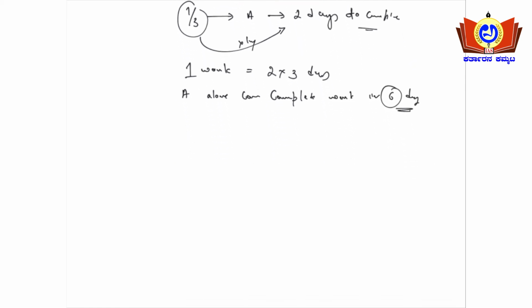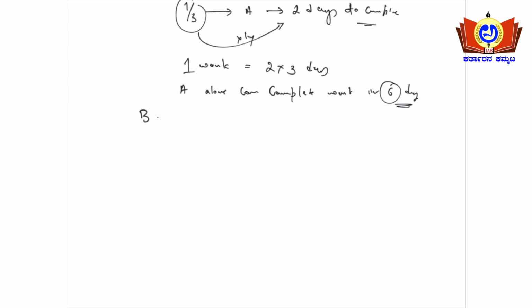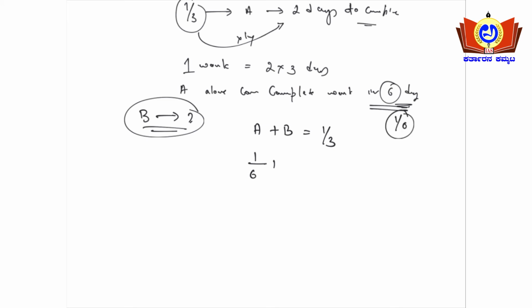See, A alone can complete the work in 6 days, but they have asked B's duration, right? So what we know is A plus B, 1 day's work is 1/3. A's 1 day work will be 1/6, because he completes the work in 6 days. So 1/6 plus B will be equal to 1 divided by 3.